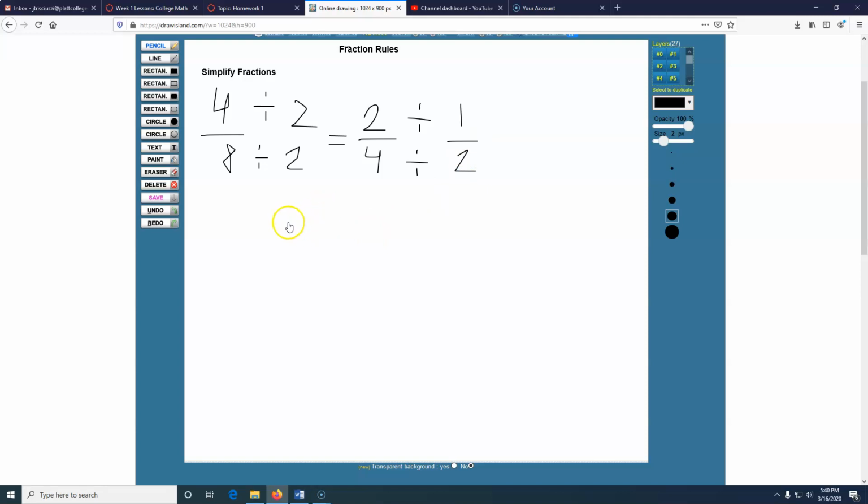Now, some of you may have realized that not only can 4/8 be divided by 2, but there's actually another number. 4/8 can be divided by 4.